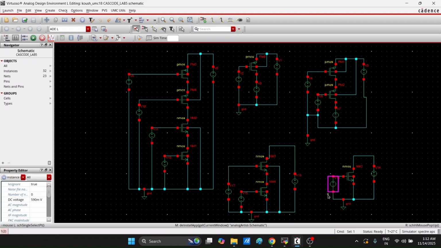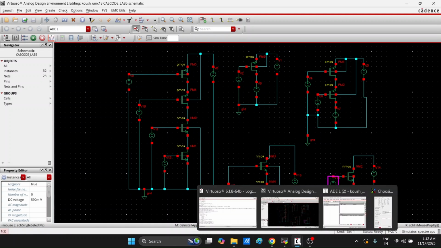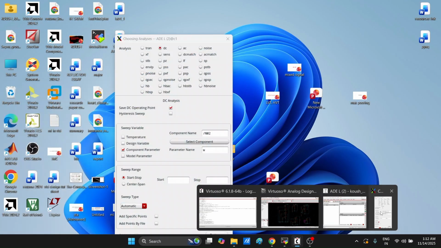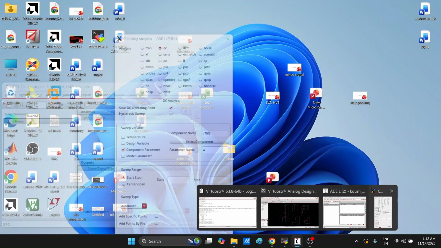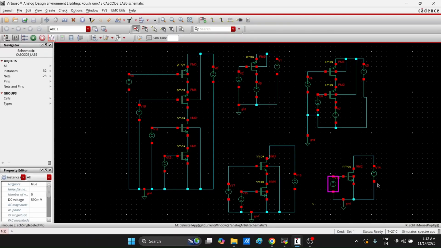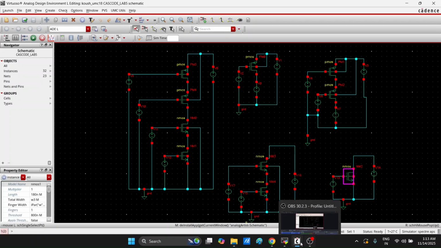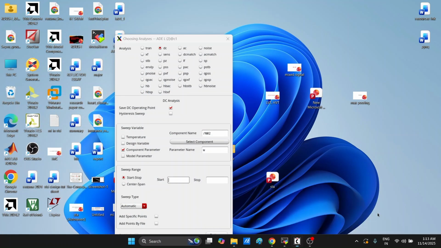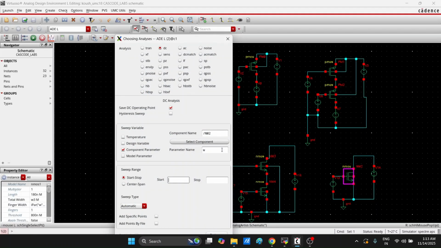So I want to have a current of at least 150 micro to 180 micro range from this circuit. Also, I have taken the width of this NMOS as variable and we will vary it from 1 micro to 50 micro and obtain the value of the width for the desired current to flow. So we will do DC analysis for this small circuit first.